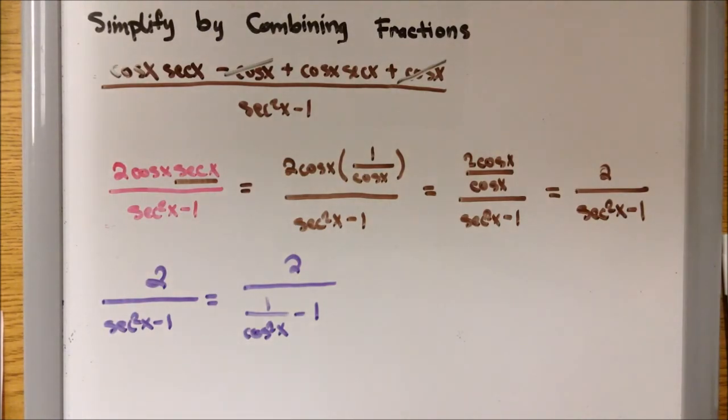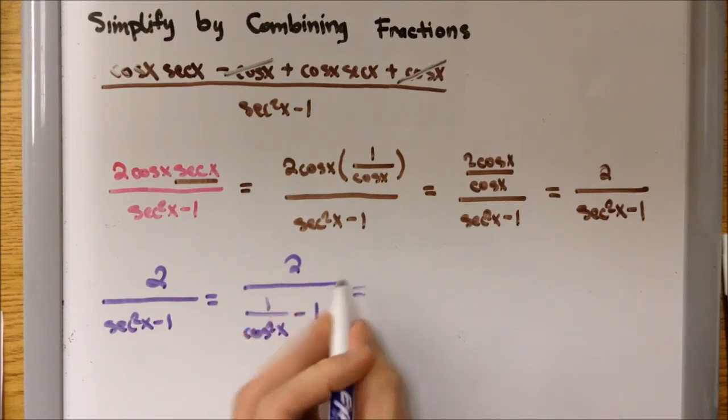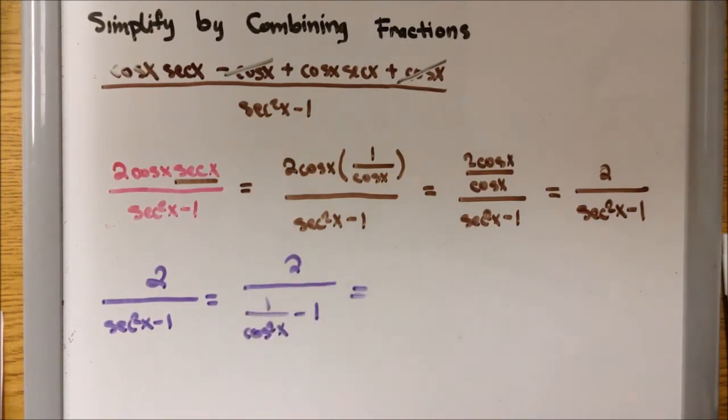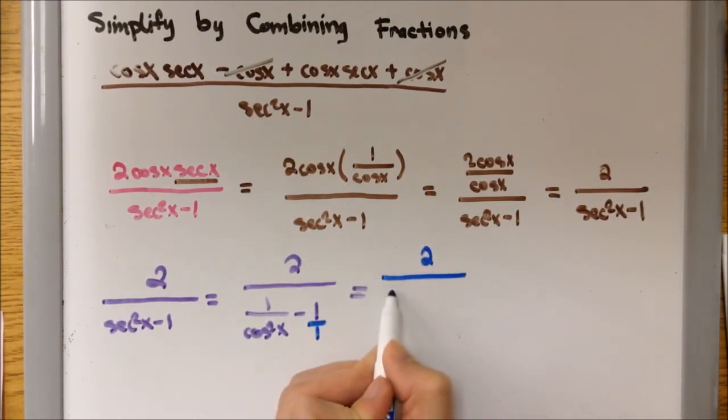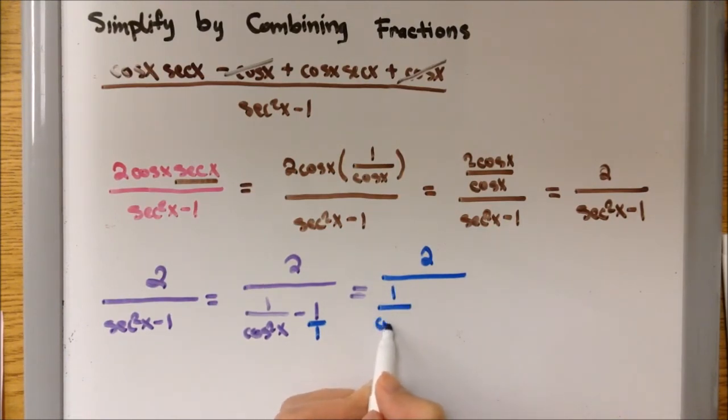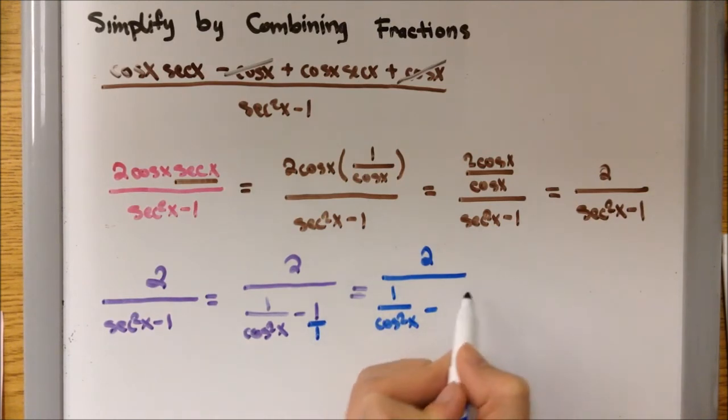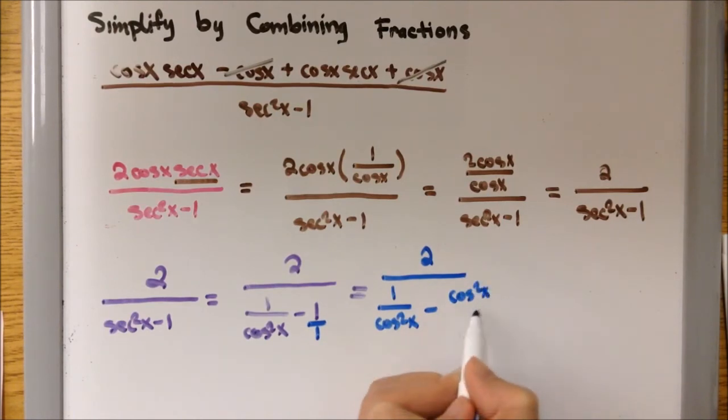And then to combine with this 1, we're going to change it into a fraction and then write it with the same denominator. As I said before, we're going to change this 1 into a fraction. So we're still going to have the 2 on the top. It's going to be 1 over cosine square x minus, in order to get the same denominator, 1 over 1 will be the same as cosine square x over cosine square x.